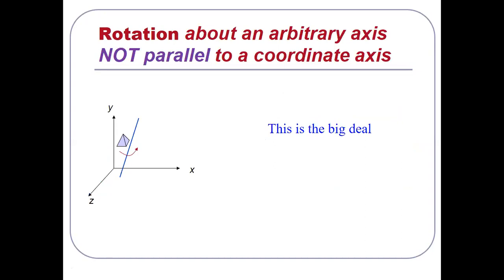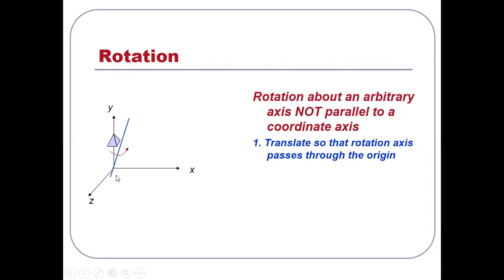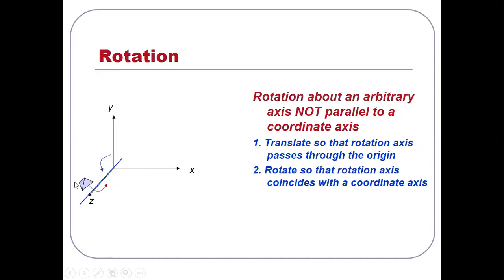I'll repeat, this is the original scenario. First step is bring this arbitrary axis to the origin, something like this. Second step, rotate this arbitrary axis such that it coincides with any of the axes, for example the z-axis.